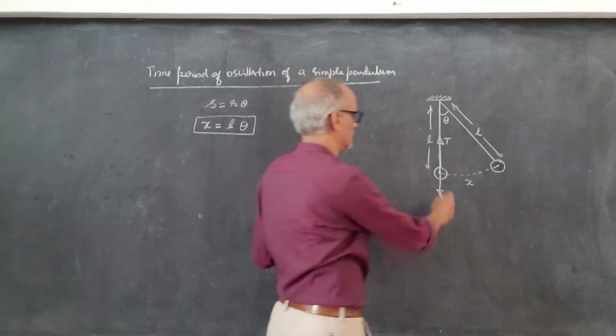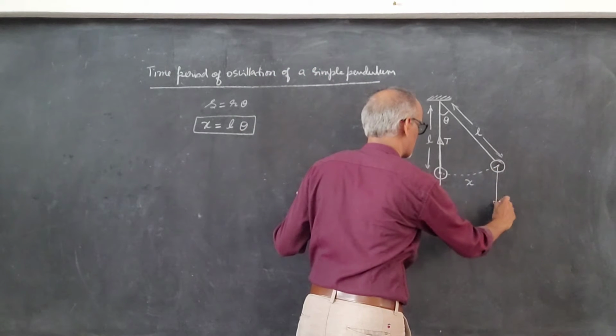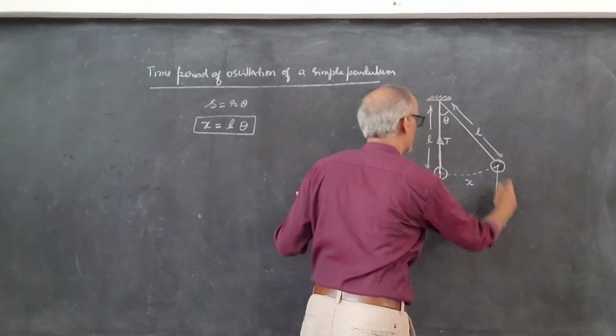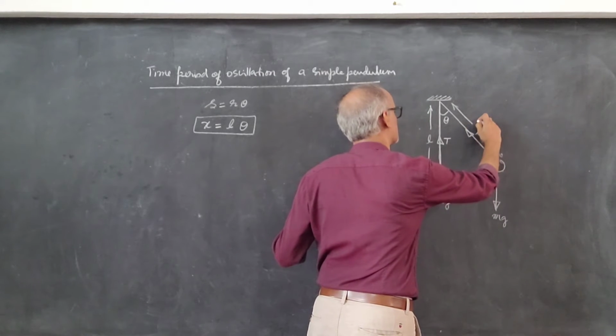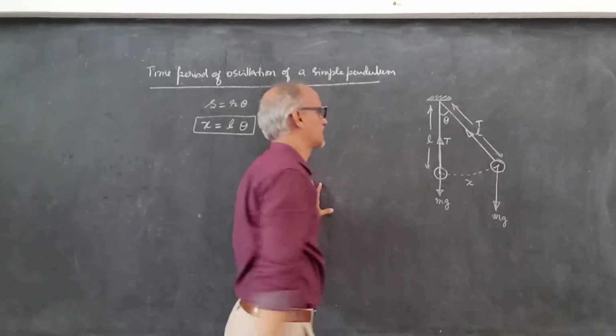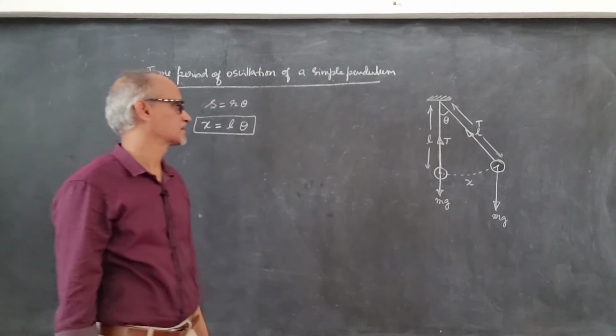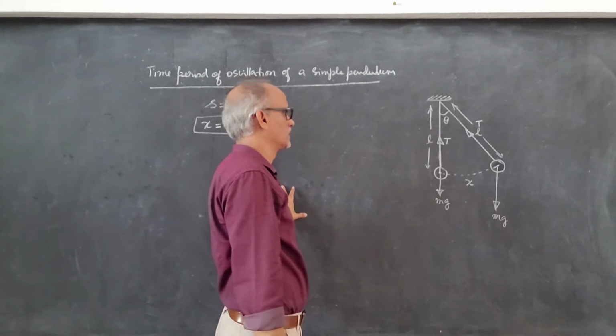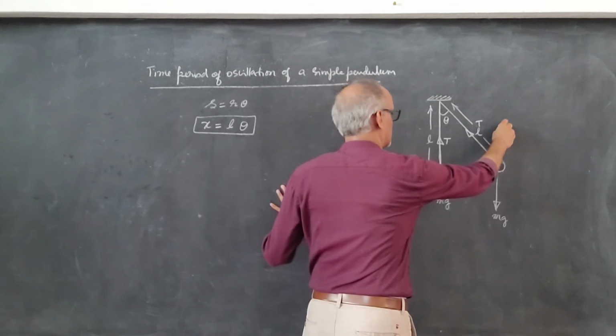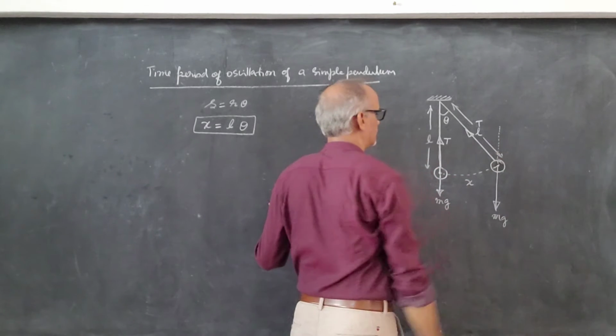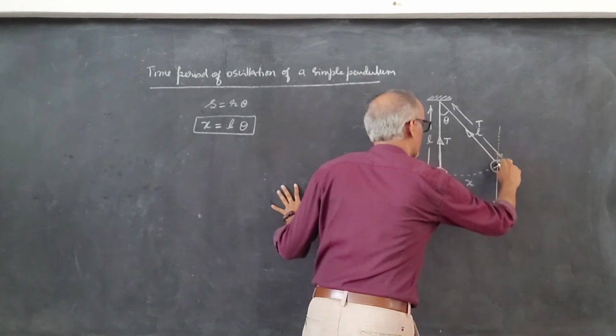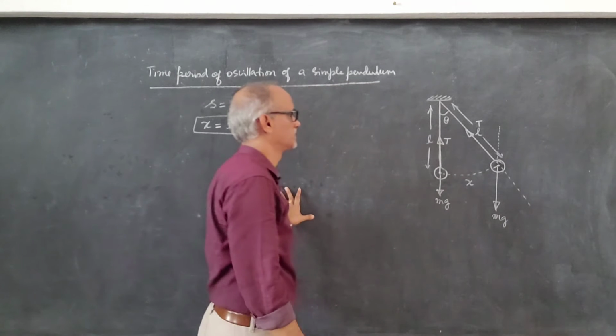Now the weight still acts in the downward direction, which is mg, and now the tension will be like this, which always acts towards the fixed point. And I will now resolve this vector into components.